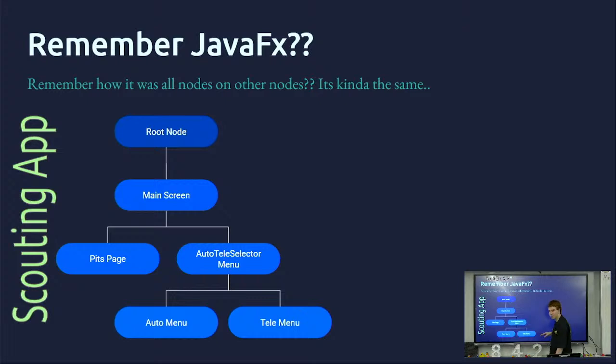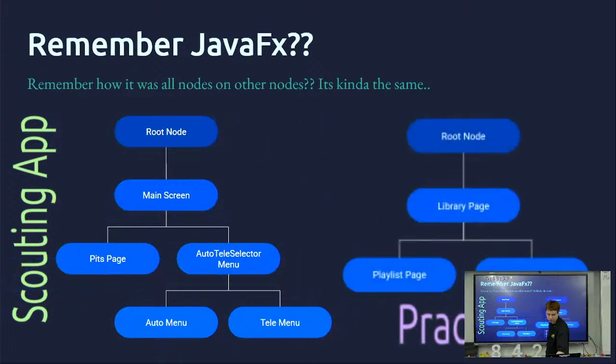We also have an endgame menu this upcoming year, because there's a lot of stuff we had to cram into tele and auto. This is a little practice thing. It looks horrible on here and probably on the camera, so we're just gonna ignore this entire thing.